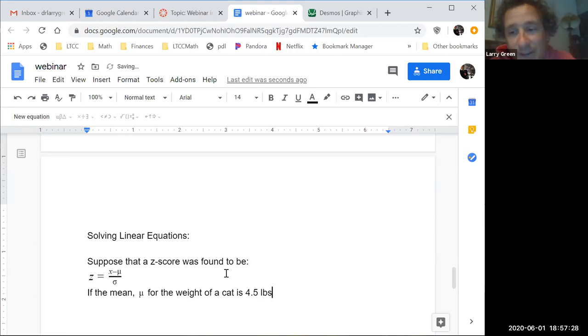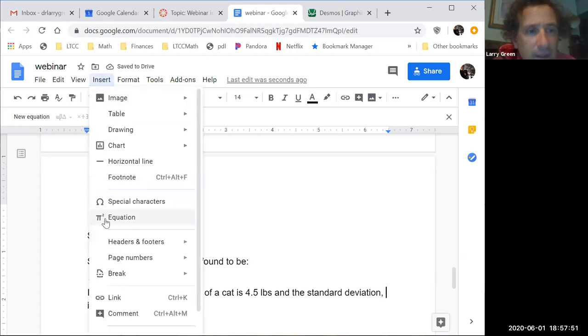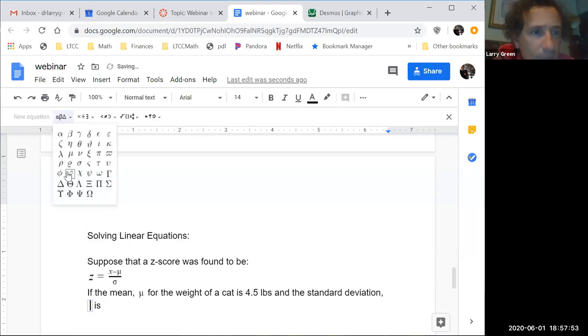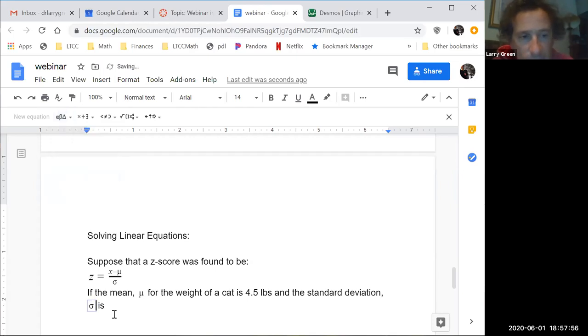By the way, I have no idea what it really is, but I'm making up some stuff. And the standard deviation sigma is 1.3 pounds.